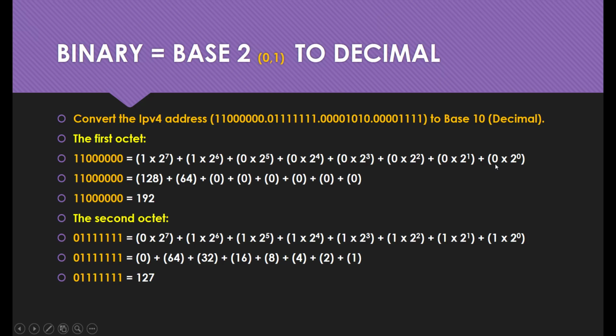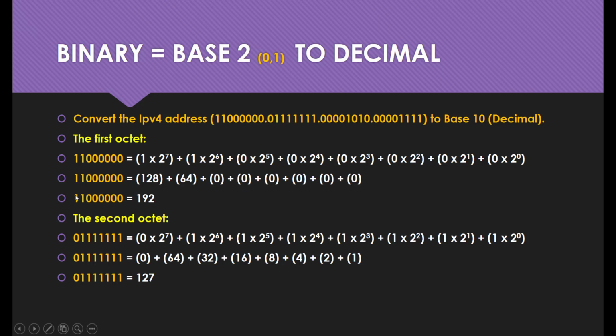This 0 is times the base number raised to power 0, then we take the next one, 0 times the base number exponential 1. We keep doing that till we get to exponential 7, which is the 8th digit: 1 times 2 raised to power 7. Then we multiply all that, which is 128 plus 64, then zeros, because anything multiplied by 0 is 0, and when we add everything together we get 192.